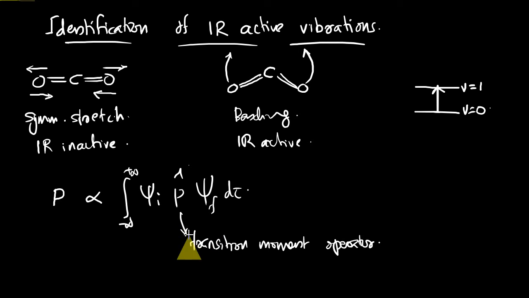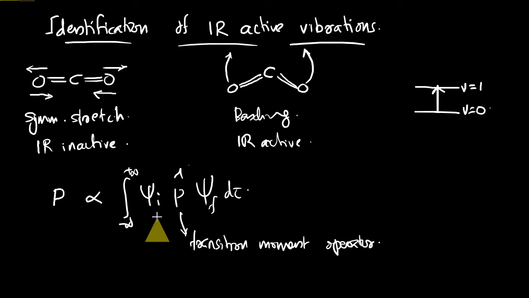Therefore, this transition moment operator will be something related to the dipole moment, because it is the dipole moment change which is the deciding factor in IR activity, right? And we will go into the details of that in a few minutes. Let me complete explaining the terms involved in this expression.